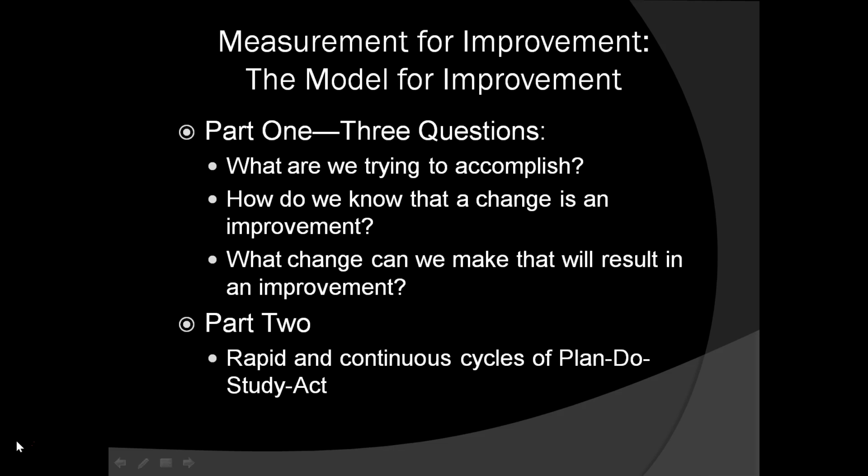For Do, we carry out the plan and document data and observations. For Study, we analyze the data, compare results to predictions, and summarize what was learned. For Act, we determine the changes to be made in the next cycle, after which the cycle repeats. A key feature of the model for improvement is the rapid and repeated use of the PDSA cycle.